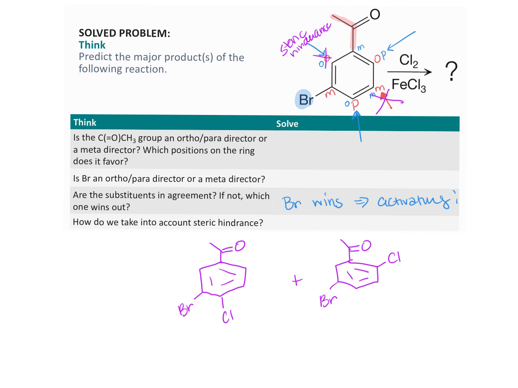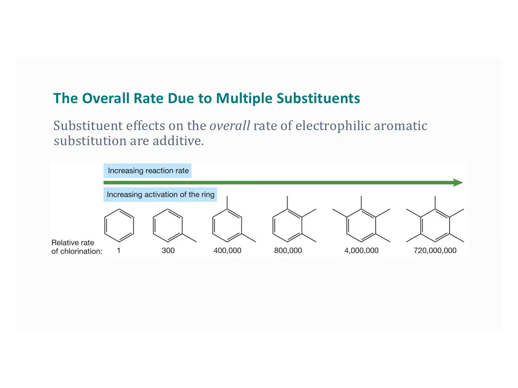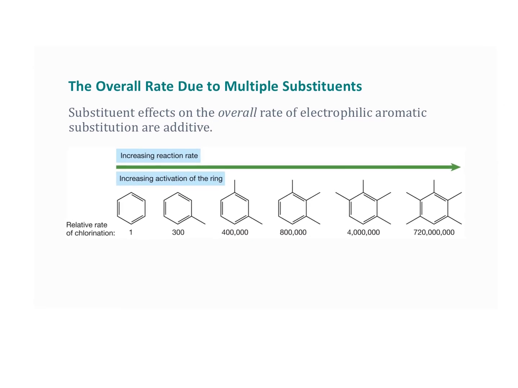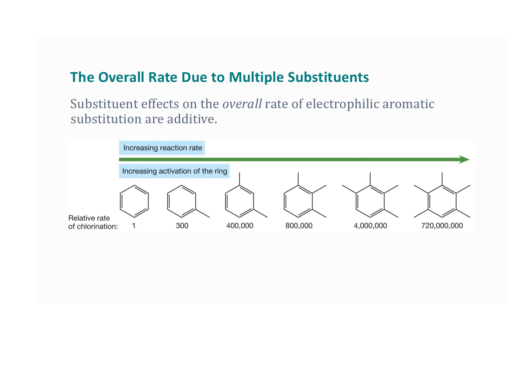Now, not all the rates of substitution are created equal. One thing to keep in mind is that substituent effects on the overall rate of electrophilic aromatic substitution are basically going to be additive.